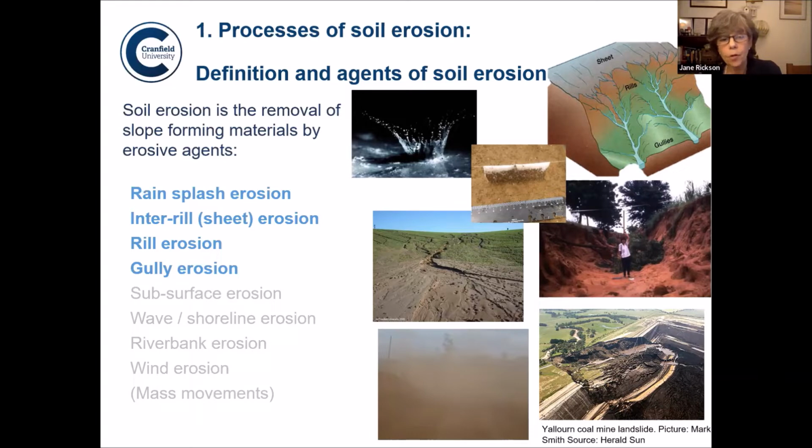Then we have rill erosion and then gully erosion, getting more and more severe. There are other forms of erosion as well: subsurface erosion, wave, shoreline, riverbank, wind erosion, mass movements. All of these are also processes of erosion, but I'm not going to focus on those so much as surface erosion, topsoil surface erosion, just in view of the time that we have. So I'm mainly going to be talking about surface erosion processes and the products that are used to control it.